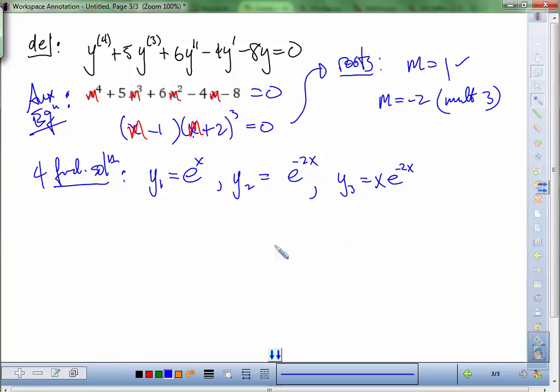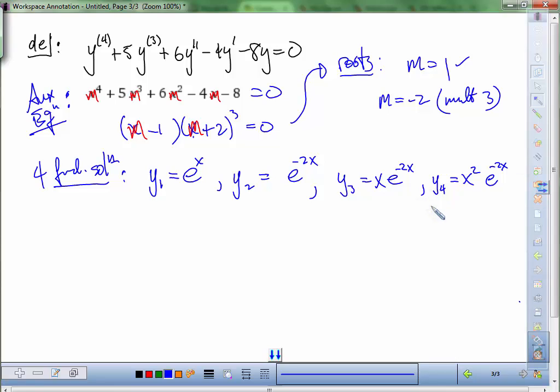Now, if you do this again one more time, another reduction of order, just raise another power of x, then you should have your complete set of fundamental solutions.